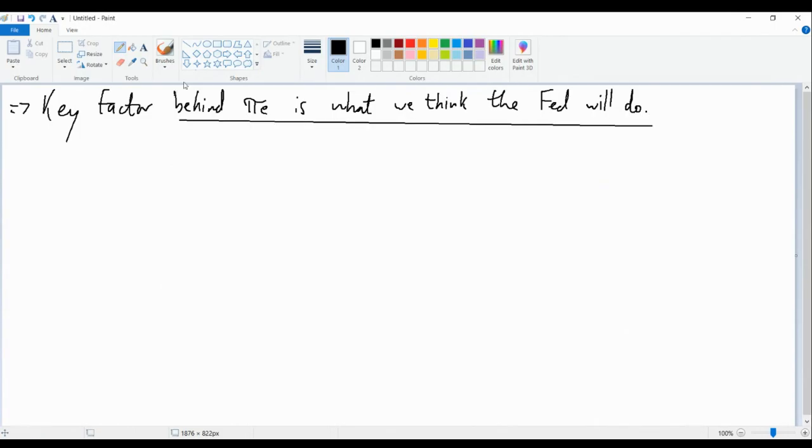And let's see what we can derive from that. If the impact of policy depends on what we expect the Fed to do, that essentially means that the Fed is constrained in what it can do. It always has to figure out what impact what it does might have on expectations.